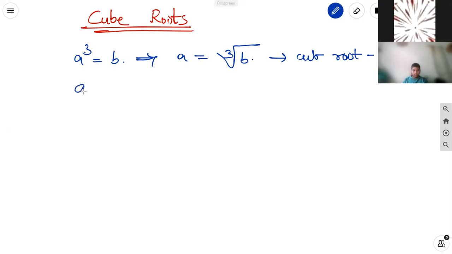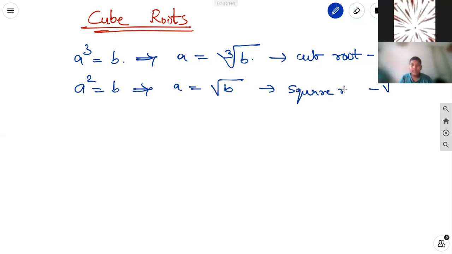The square root means suppose a square equals b, then we can write a is equal to square root of b. In this, only root is nothing but square root. If under the root there is the number 3, then we take it as cube root. If 4 is there, fourth root. If 5 is there, fifth root. In that way we can take it.